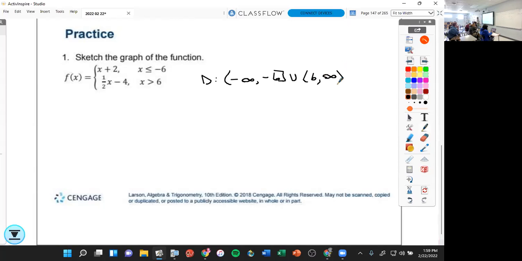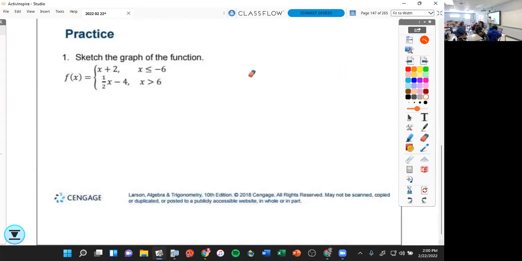Okay, so as written, that is a domain. So is X all real? No, because X can't exist between -6 and 6. Can you plug 0 into this function? Because 0 is not defined as a part of the domain for this function. Okay, so I'm going to go ahead and erase that. I really don't think that this was the intent of the question.